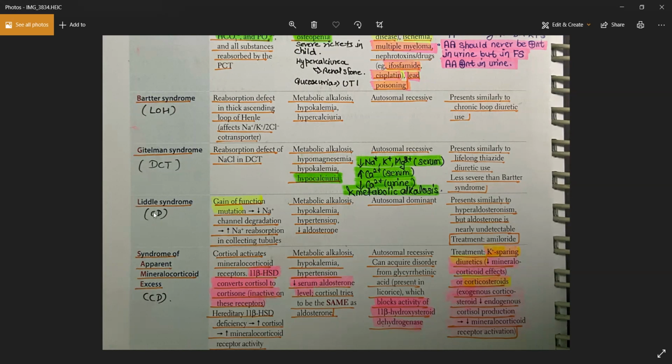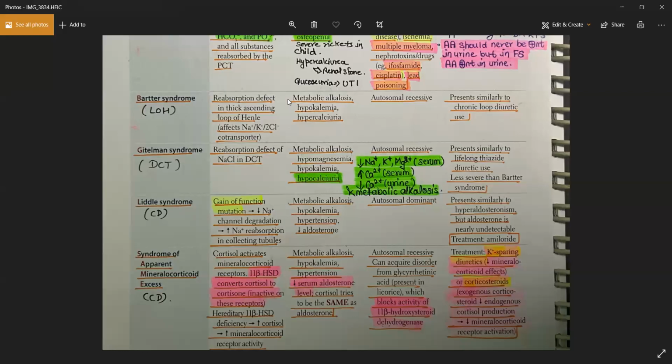So first you have the Bartter syndrome, and whenever you hear Bartter syndrome, just remember the loop diuretics. All these symptoms you get in Bartter syndrome are just like in loop diuretics, because in Bartter syndrome you have an inactivation of the sodium potassium chloride channels, the same channels which loop diuretics inhibit.